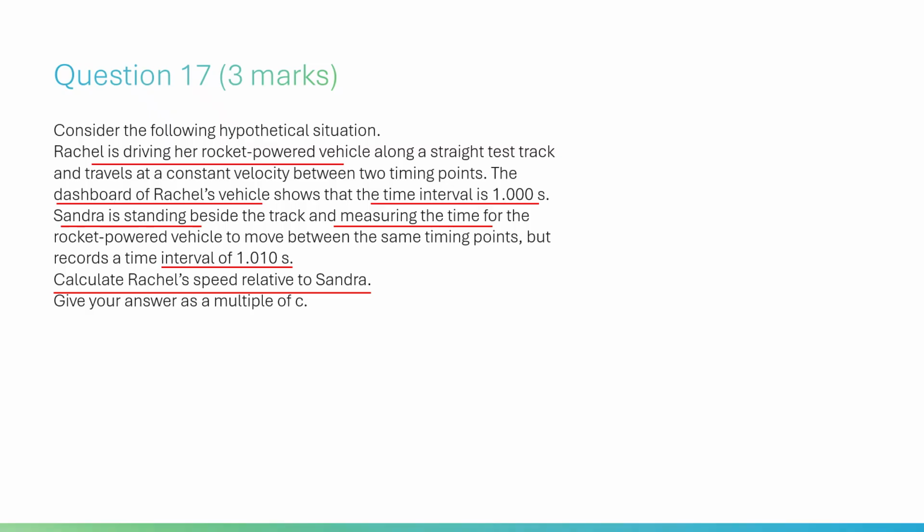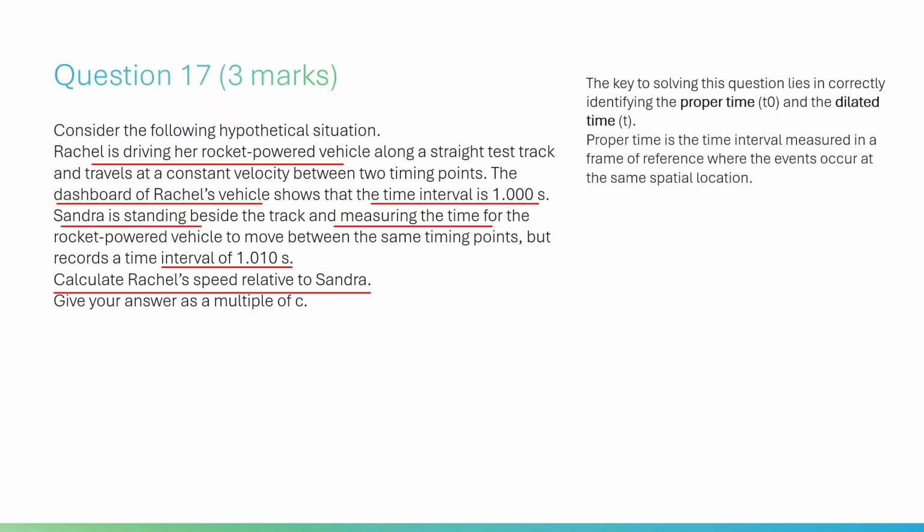The key to solving this question lies in correctly identifying the proper time, t0, and the dilated time, t. Proper time is the time interval measured in a frame of reference where the events occur at the same spatial location. Conversely, dilated time is measured from a frame of reference that is in relative motion to those events.